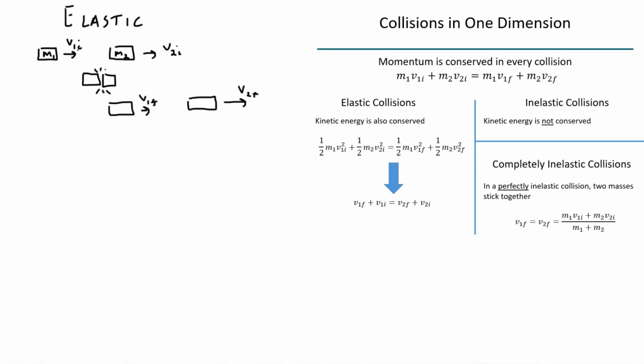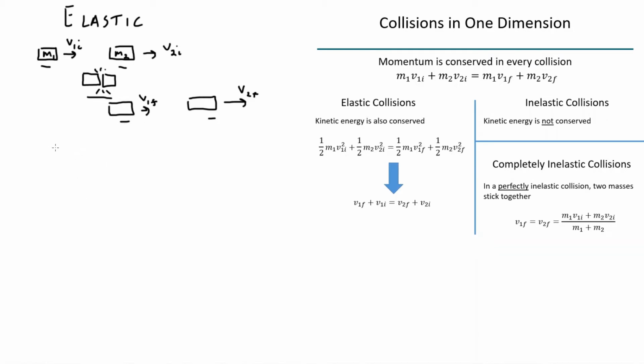First, let's look at elastic collisions. We have two masses, M1 and M2. They have initial velocities, they collide, and then after they collide, they have final velocities. And importantly, all of these velocities are along a straight line. This is all happening along one dimension. These velocities aren't pointing up or down, they're just pointing either left or right.